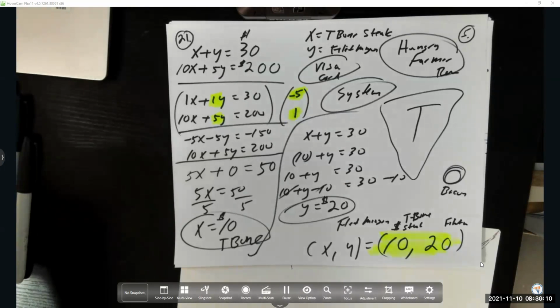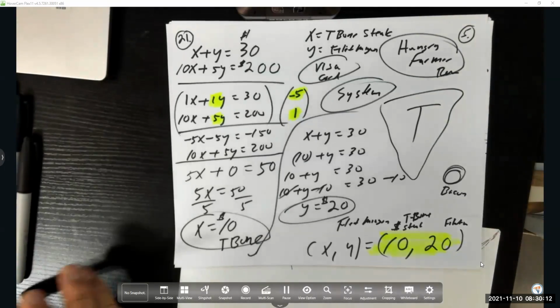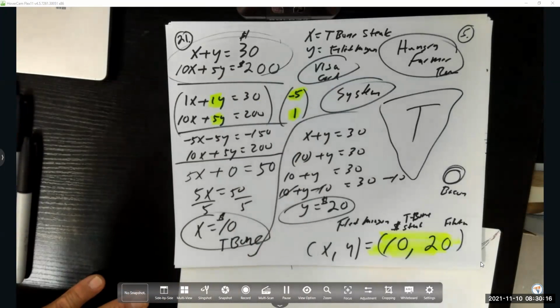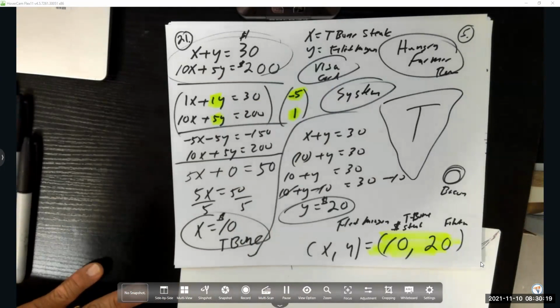All right, so let me do one more like this. I'm just going to change the numbers. Okay, like this one is going to change it. All right, ready? Can I go to the next one?